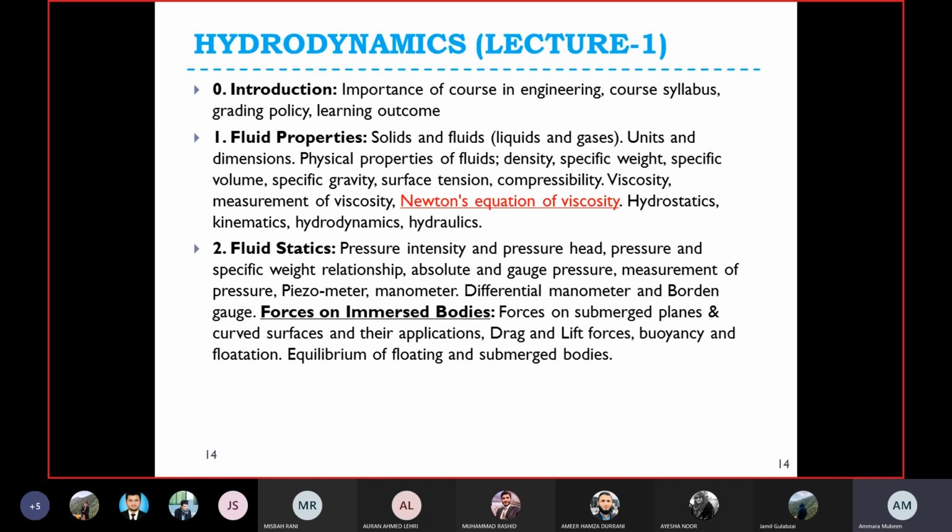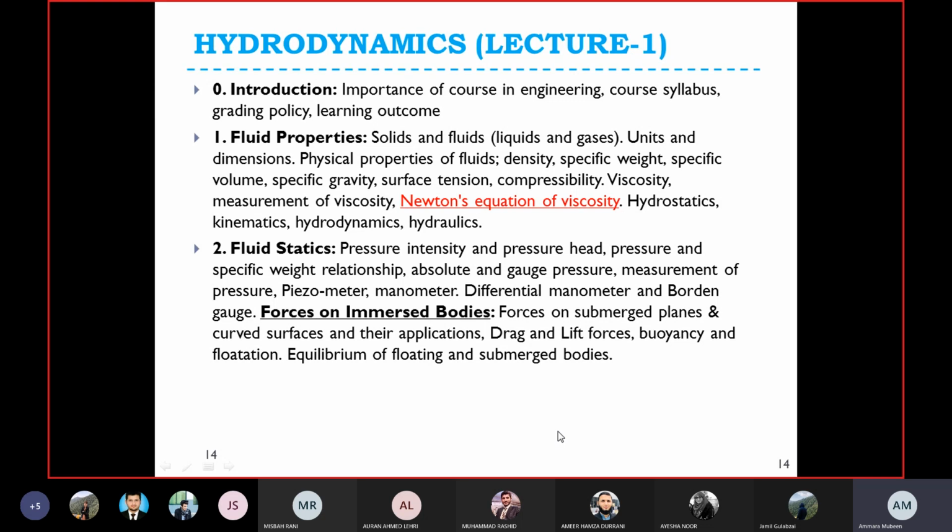But just to go with the contents of this course which I have been given, we shall be discussing some topics regarding flow in open channel. Then after that, we shall be discussing the flow dynamics in hydraulic machinery. Okay, and then finally we shall be discussing the dimension analysis and similitude topics. So that was the introduction of hydrodynamics course.